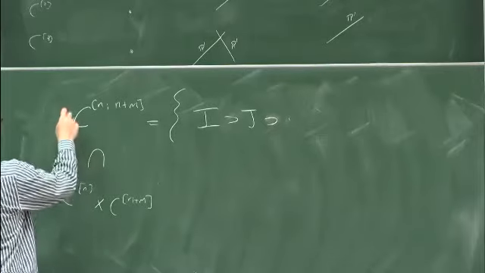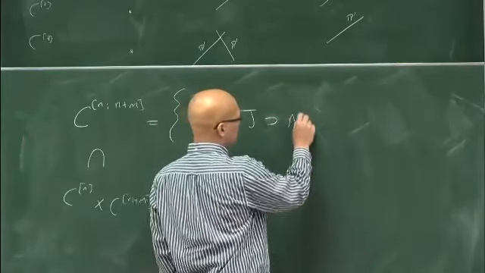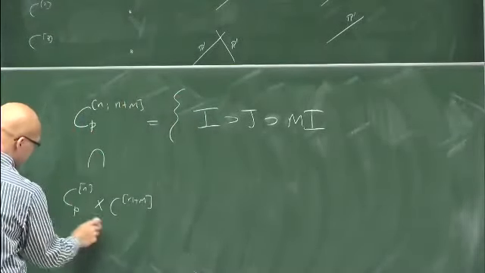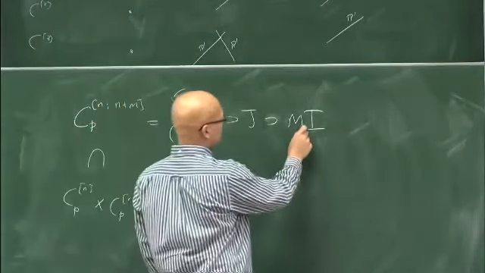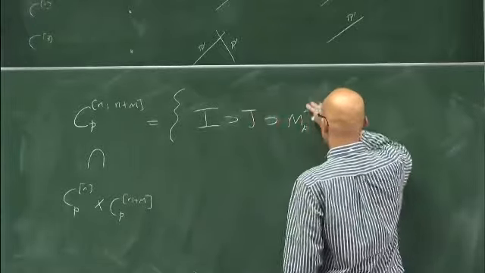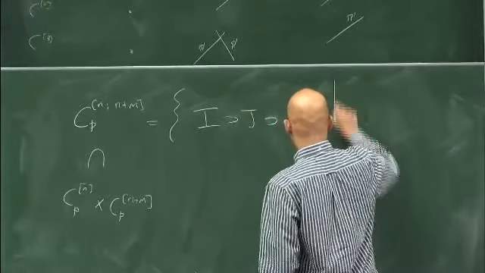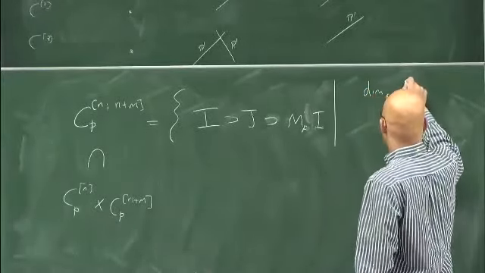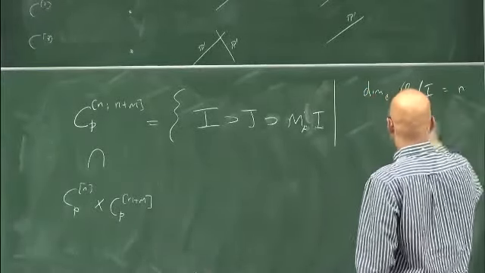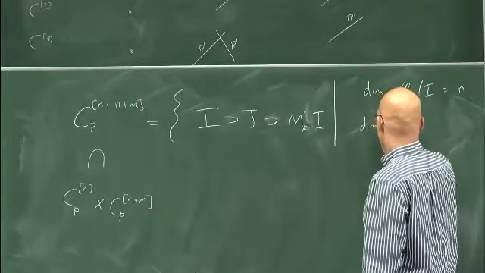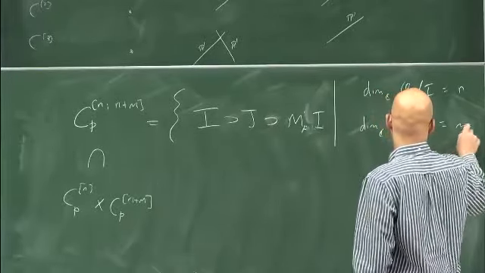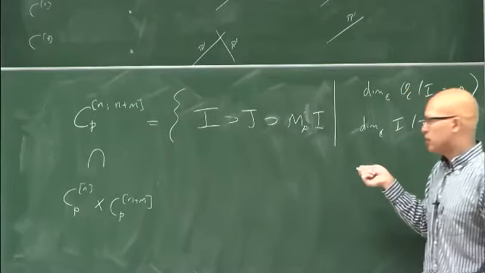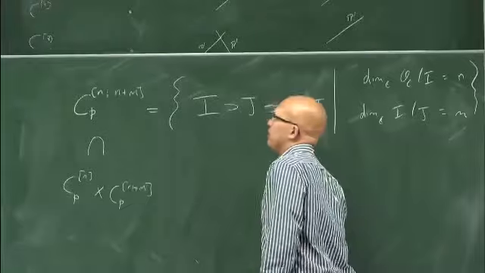So this is at one point. And M is the maximal ideal at the point. So I'll put a P here to emphasize that it's just at a point. Okay. And the n plus m, so the dimension of C/I is n, and dimension of I/J is m. So I wish someone would tell me what the meaning of this incidence variety was. It's written down to make the next thing work.